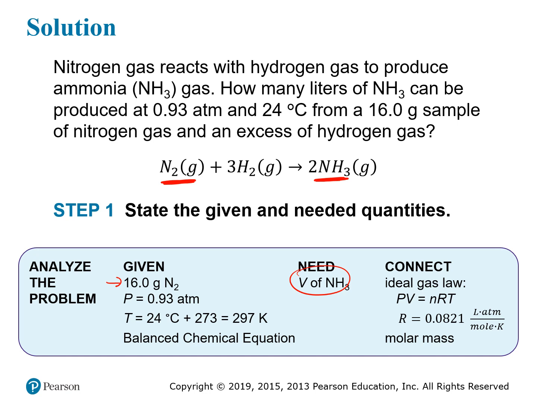We're not given moles of nitrogen, we're given mass of nitrogen, which means we're going to need a molar mass. And then at the end, on the other side, we are going to need to get the volume of ammonia from the number of moles. So in order to do that, we'll need the ideal gas law, which is PV equals nRT. Luckily, we're also given the pressure and the temperature in the question, as well as the balanced chemical equation. So with all this, we should be able to attack the problem.